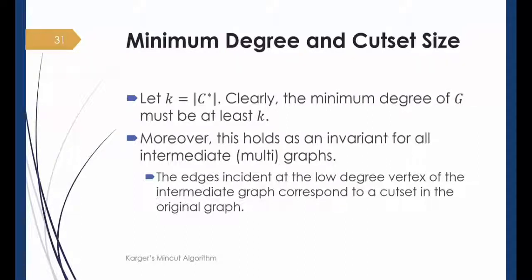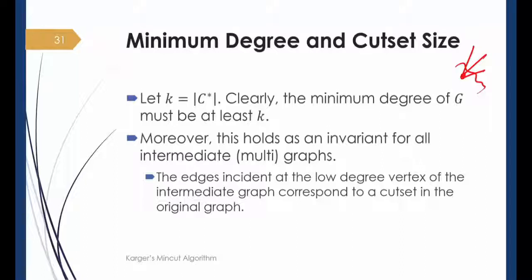Clearly, the minimum degree of G must be at least k. Why? Because if the minimum degree was something less than k, then you have a smaller cut. For example, if k is 5, but one of the vertices has degree just 3, that is a contradiction, because you have a cut of just size 3. So the minimum degree of G must be at least k.